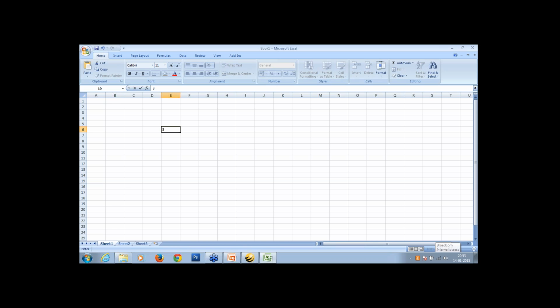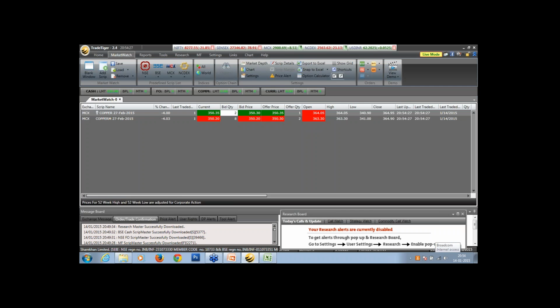So the price is, let's say, 350, the lot is 1000. So this comes to 3,50,000, and how much do we have to pay? 18,000. So dividing by 3,50,000, in terms of percentage it comes to around 5% we have to pay to buy one lot of copper contract.